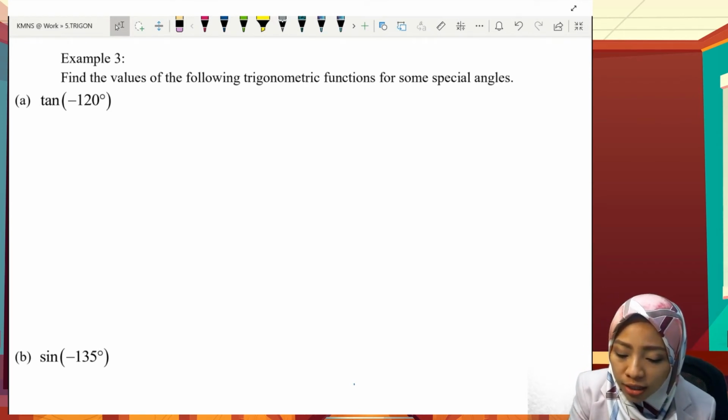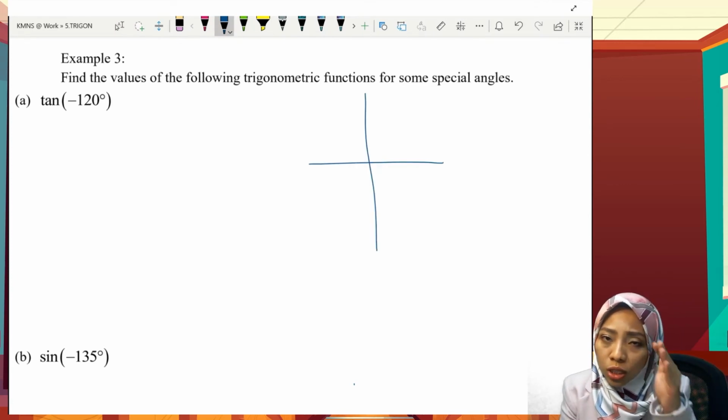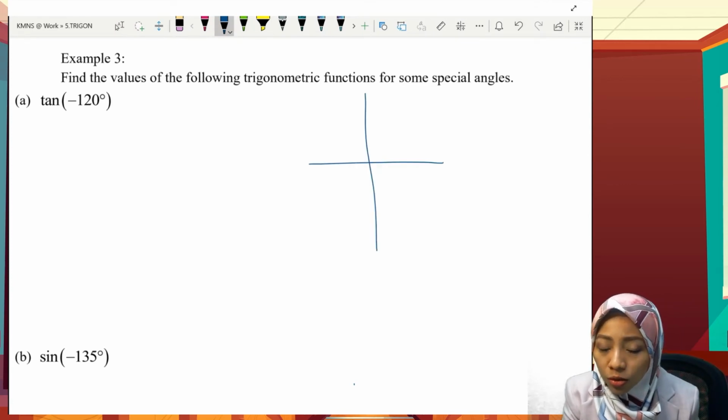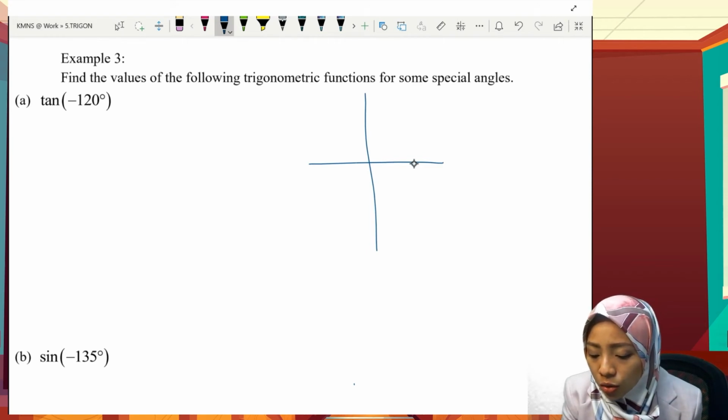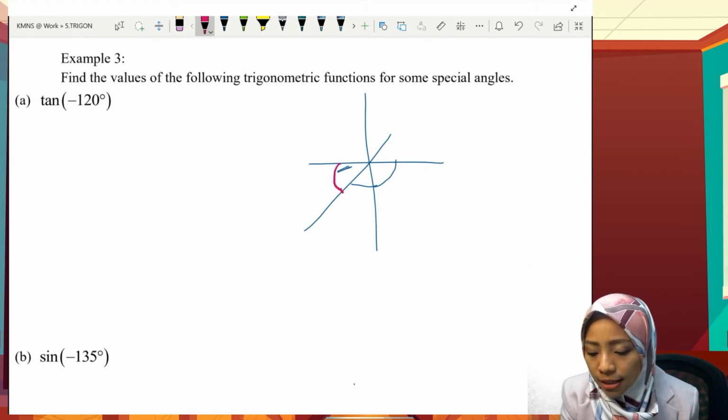So tan of negative 120. The negative just shows it's rotated clockwise, or downward. So this is 90, and 120 is somewhere here. But bear in mind that we want the acute angle that lies on the x-axis here.